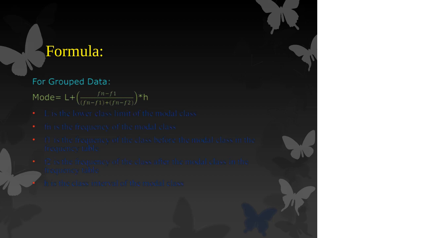So in our case, let us find Fm, let us find L, let us find H, let us find F1, and let us find F2. So what we do, guys, are we together?